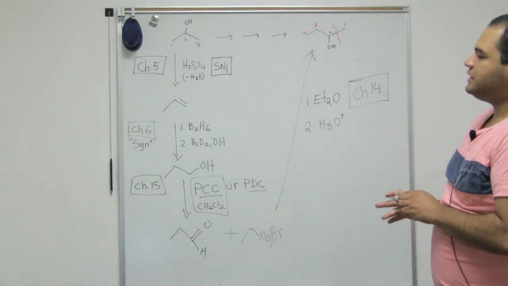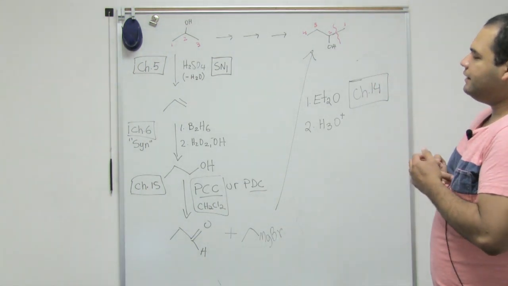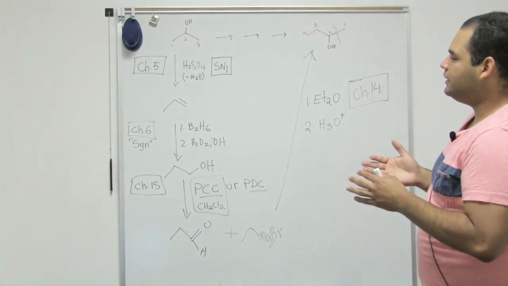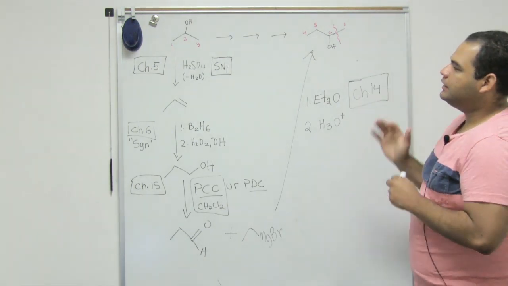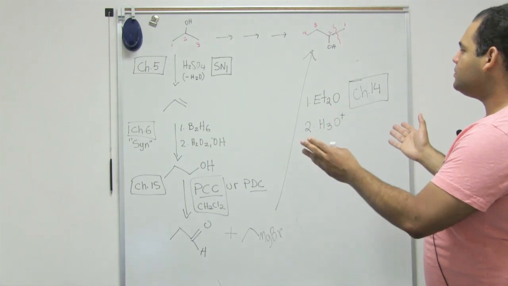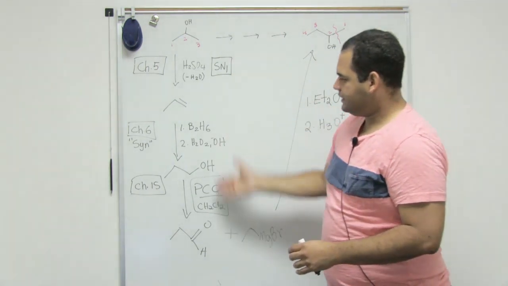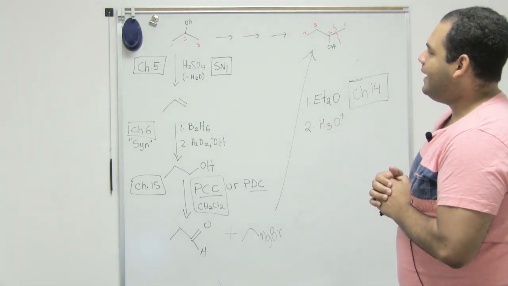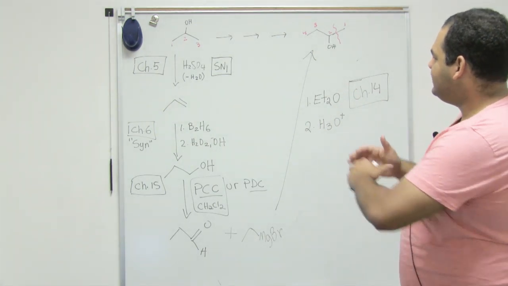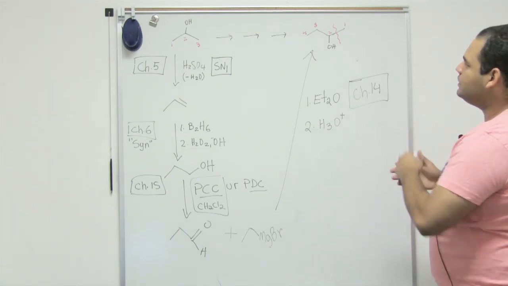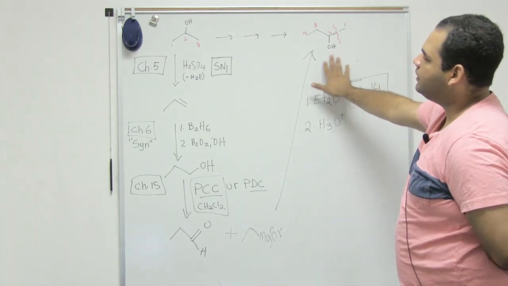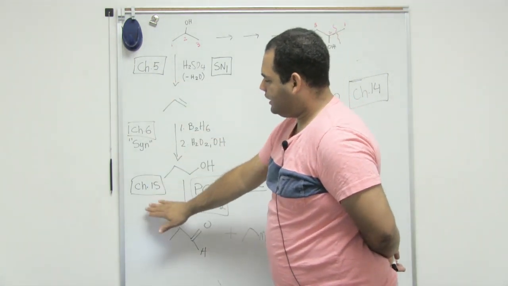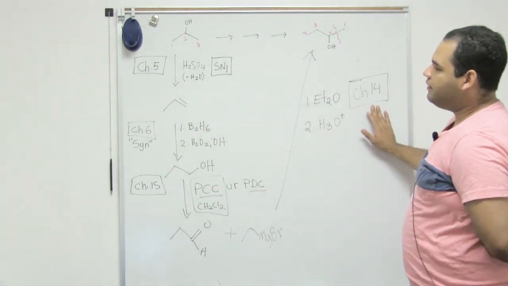What I wanted to emphasize with this synthesis is that we do not have only one way. I could show you another way to do the same thing and get the final product. But I chose this one because we have fewer steps, and the yields are going to be pretty decent. Also, using this particular approach to synthesize the secondary alcohol, we use chemistry from chapter 5, chapter 6, and chapters 15 and 14.